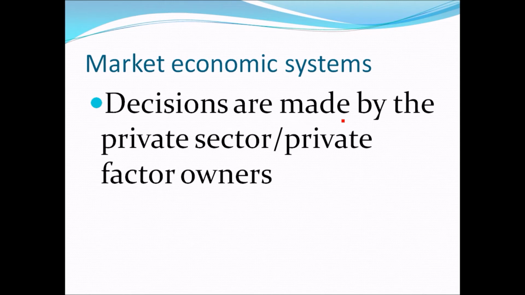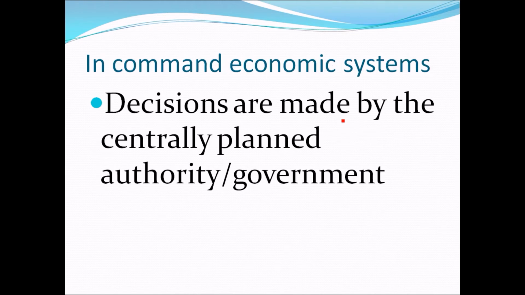The decision-making process in a market economic system takes place based on private property ownership, or the private sector of the economy makes all the economic decisions regarding what and how much to produce, how to produce, and for whom to produce. So the decisions are made by the private sector in a market economy.